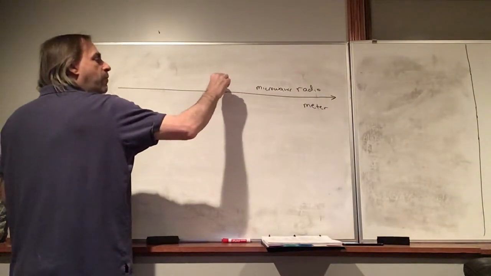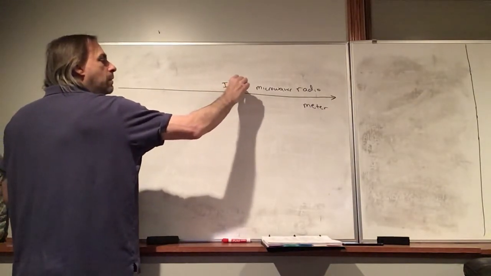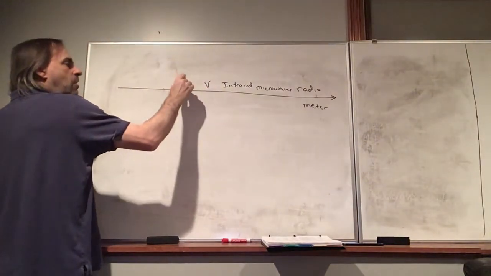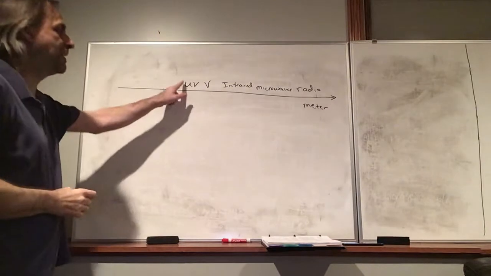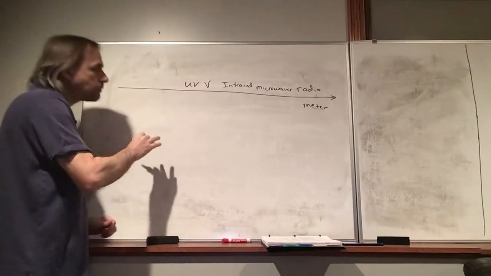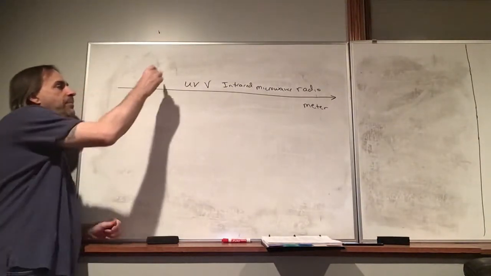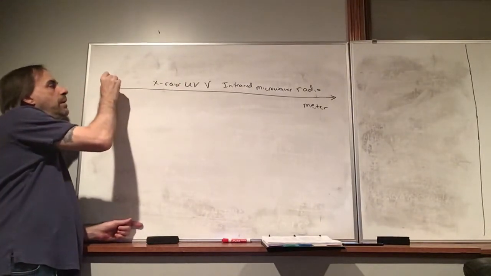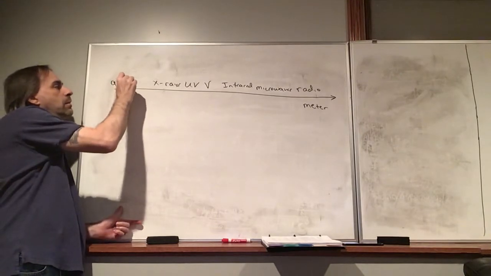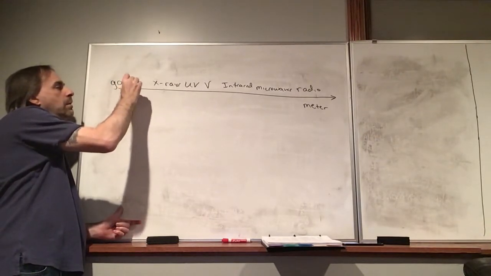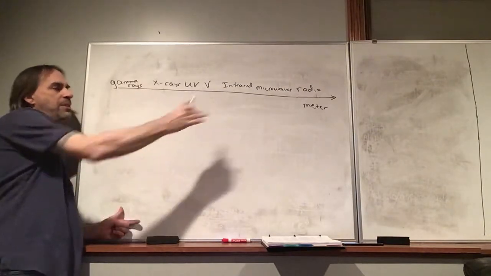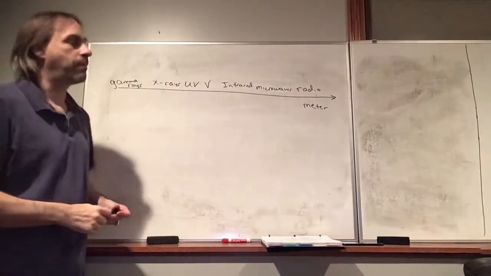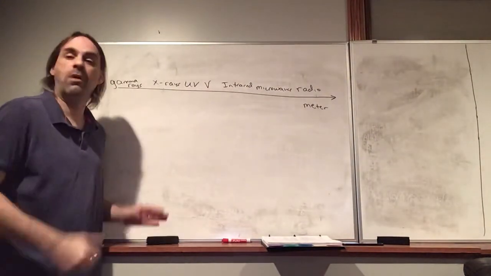Then infrared, then visible, and then I'm just going to call it UV because I'm running out of room. This is ultraviolet. And then below that we have X-rays and gamma rays. So this is basically the electromagnetic spectrum, and it's all electromagnetic radiation. They just have different wavelengths.